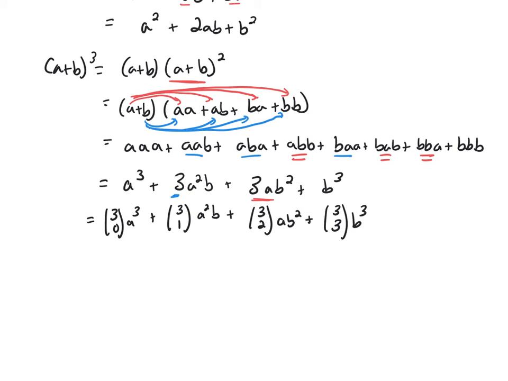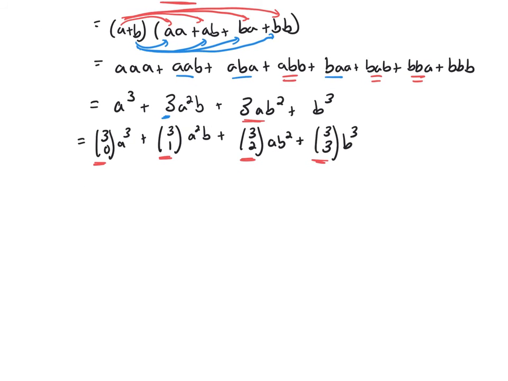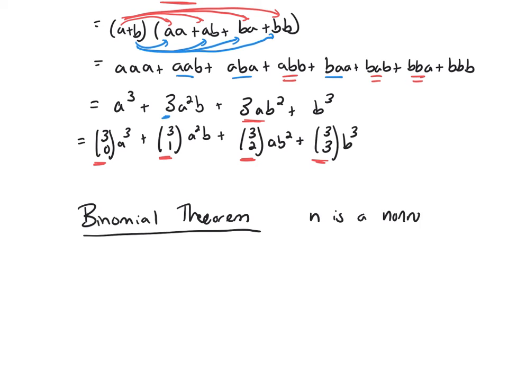So what we learned from this example is that these coefficients that are appearing here, when we expand it out, are combinations. And so this leads us to the general statement of the binomial theorem. Here, n is a non-negative integer.